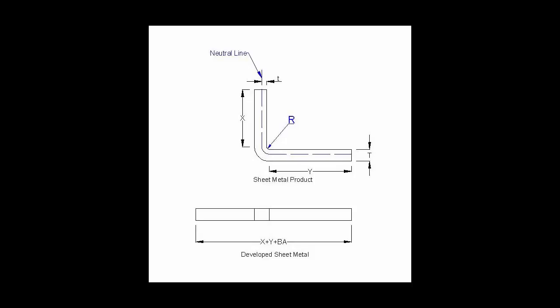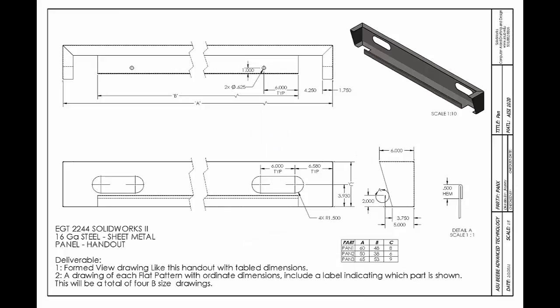At each bend, material must be added. That material is called bend allowance. Sheet metal can be formed using dies, brake presses, or automatic bending machines.